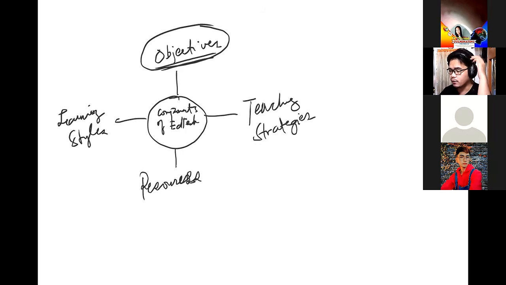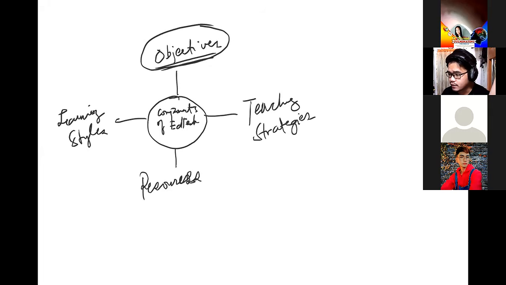So whenever you go to a class, or when you design a lesson plan, you must be able to define or set your learning objectives for the day, and they must be smart, measurable, and attainable, right? That's the first thing to do. Objectives.